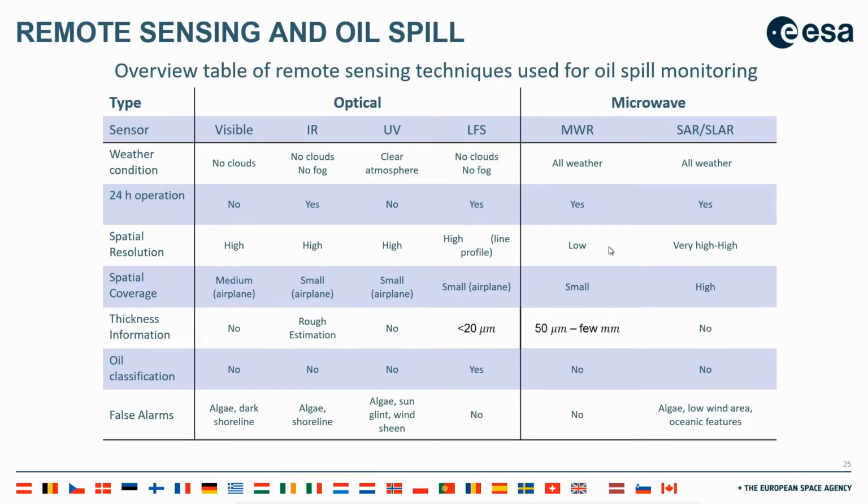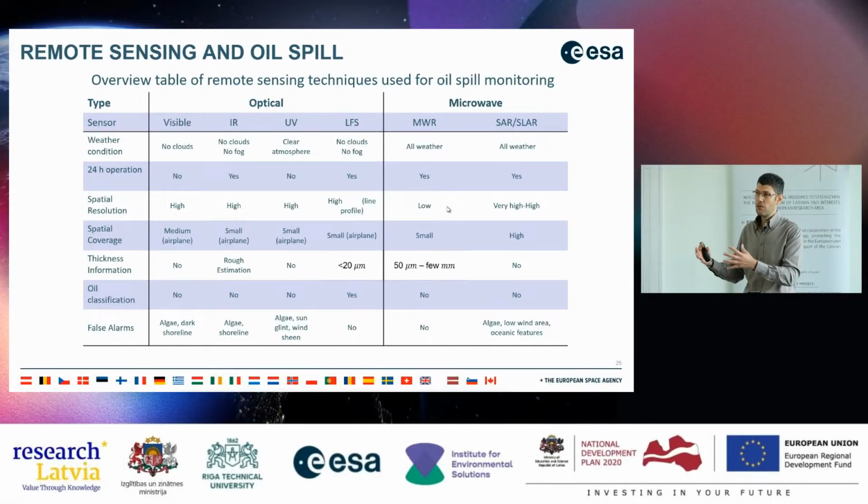SLAR is normally used on airplanes because the processing is easier. The aircraft, while scanning, is also giving the image live. So then the operator can see if there is an oil spill or not.